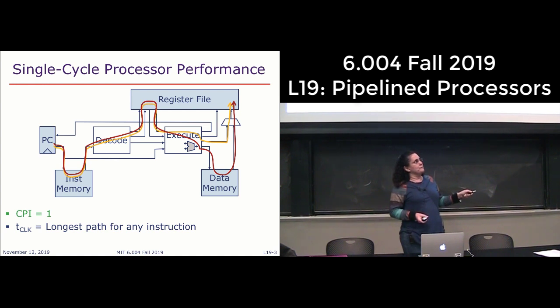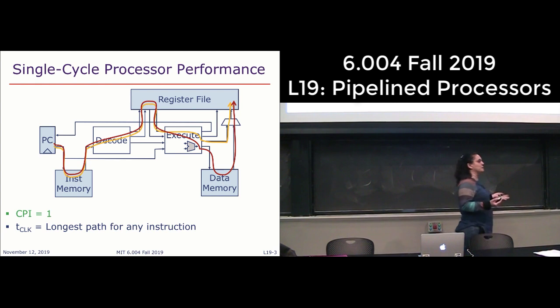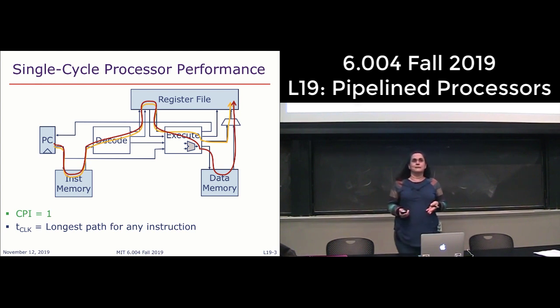We basically do a fetch or a load from our memory, and once we get the data back from memory, we can write that back to our register file. Of course, our clock period is going to be controlled by the longest path in our circuit, so we have to account for this path that goes through memory as well.